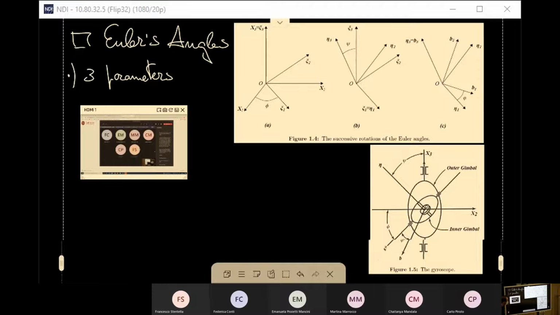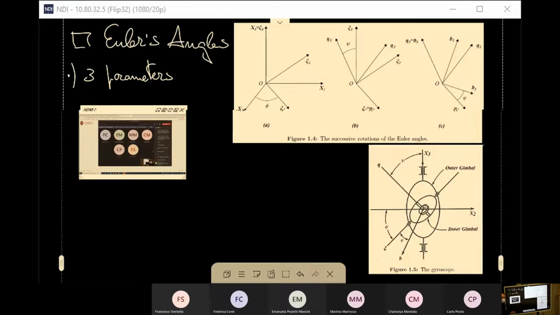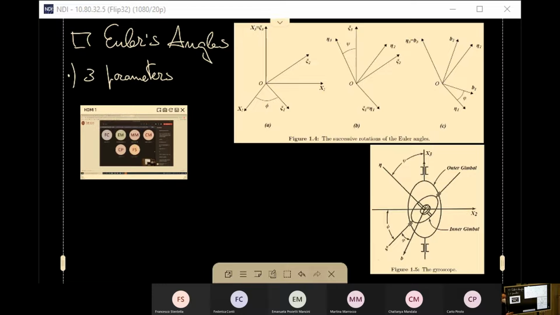So the first thing that we have to hold in mind is that the succession of the rotations is not defined a priori, meaning that the axes about which I will describe the 3 rotations, you can choose them as long as they are independent. So they don't have to be parallel. That's all. In principle, you can choose them as you want.